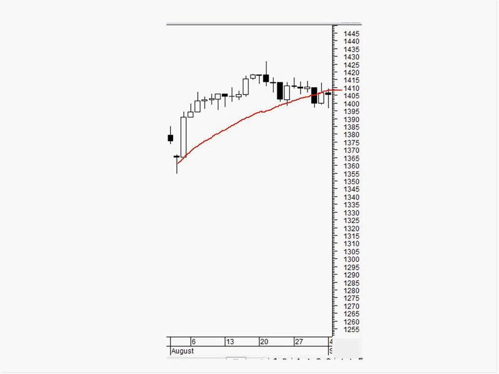We have about 20 bars here in this particular example. What you can see is the moving average is here, and the closing price is up here.